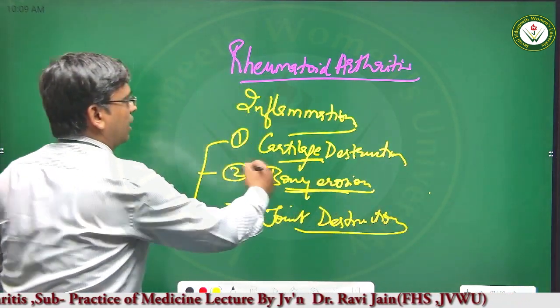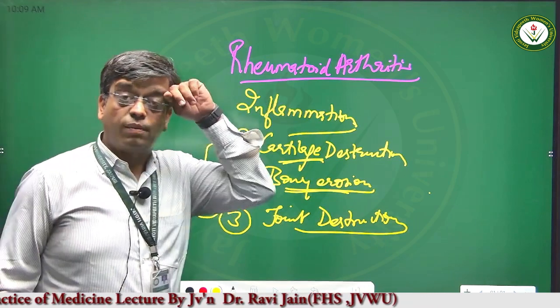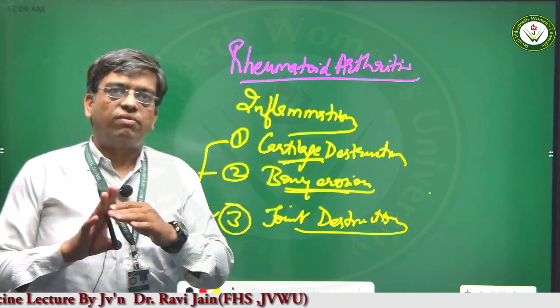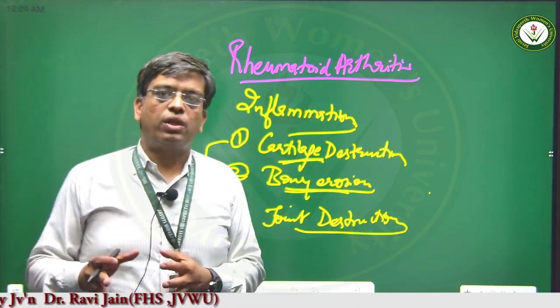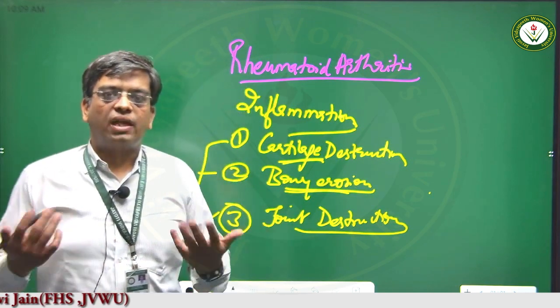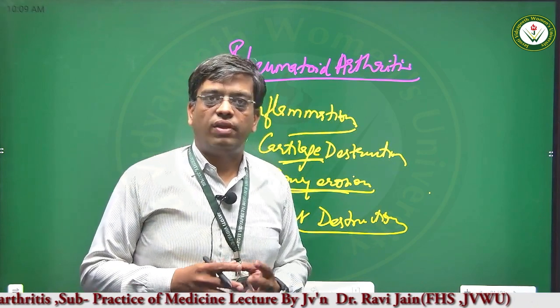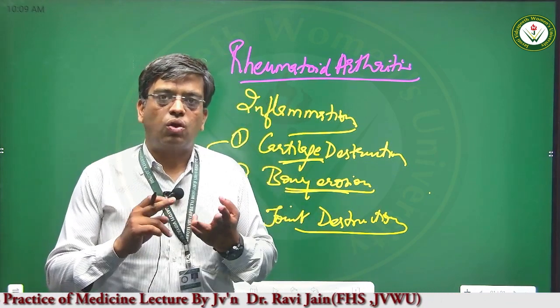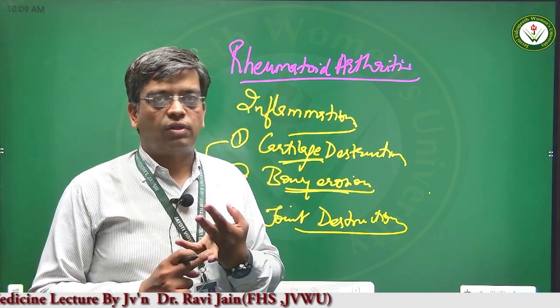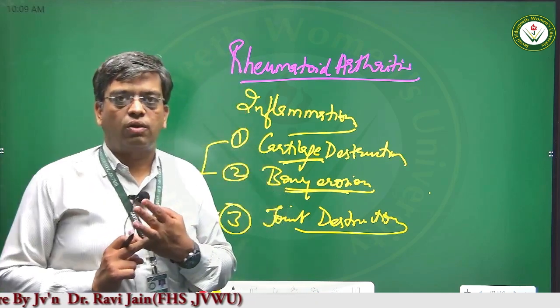We discussed in a similar way for osteoarthritis, where there were also three things: focal loss of hyaline cartilage, proliferation of new bone, and remodeling of the joint contour.